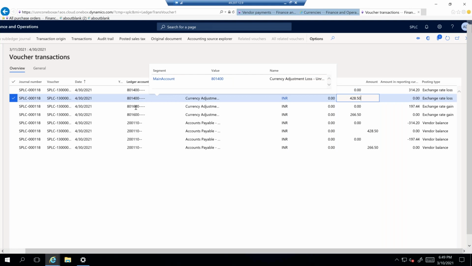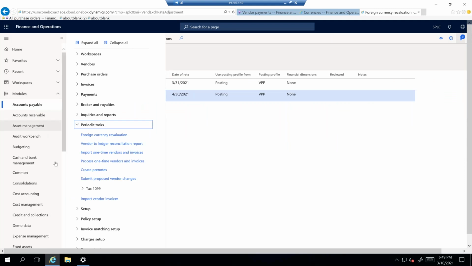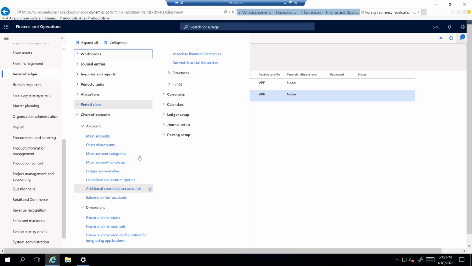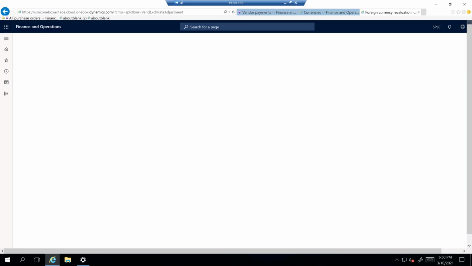If you want, I will quickly show you, give me 1 second. If you go to general ledger, reports, trial balance, the first one, it will show clearly what is the profit and what is the loss.